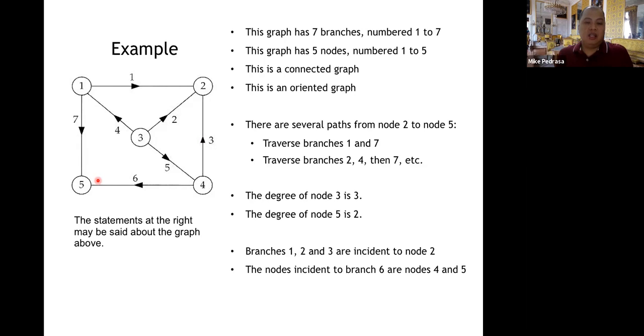Essentially, we're just saying that they are connected. From the same example, we say that branch 1 is not incident to node number 3, and node number 4 is not incident to branch number 7. Okay? So again, pag may questions, pakigamit lang yung raise hand feature natin.